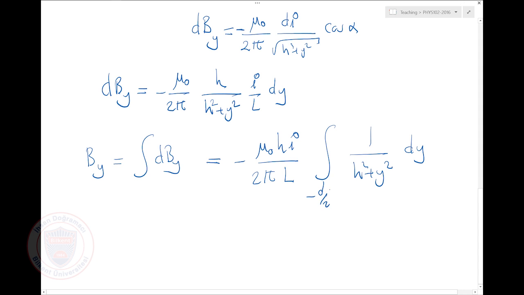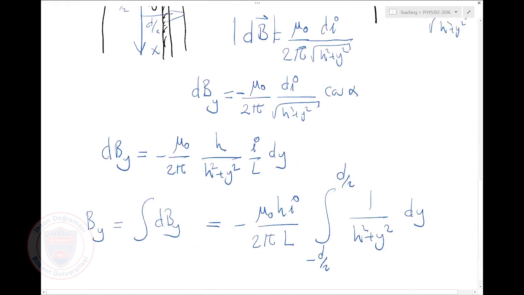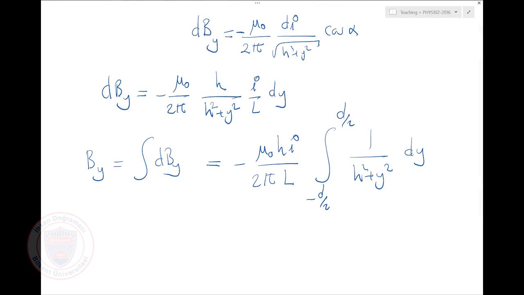Minus d over 2 to d over 2. Why? If I look at my strip, I'll start from minus d over 2 and go to d over 2. If you're at this stage and correctly found the integral, that's 9/10 of your grade. But if you can actually evaluate this integral, it's even better.